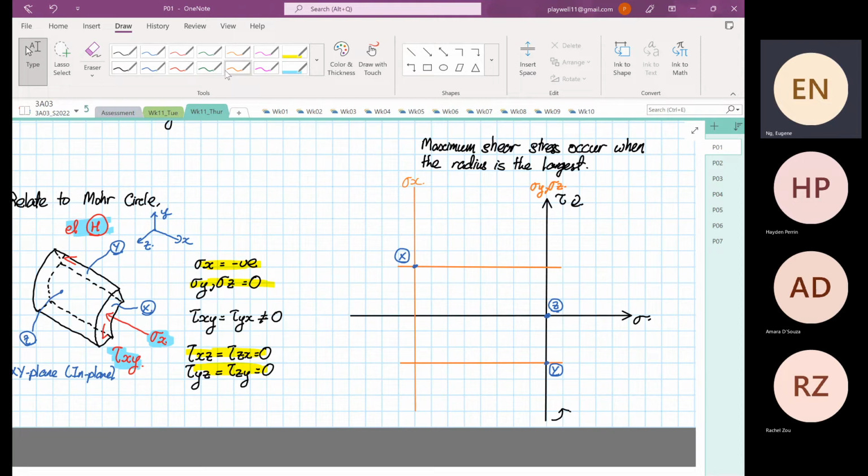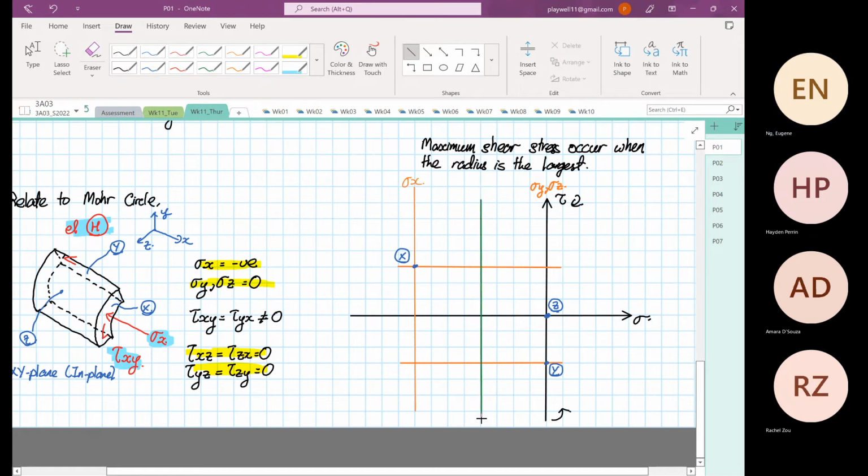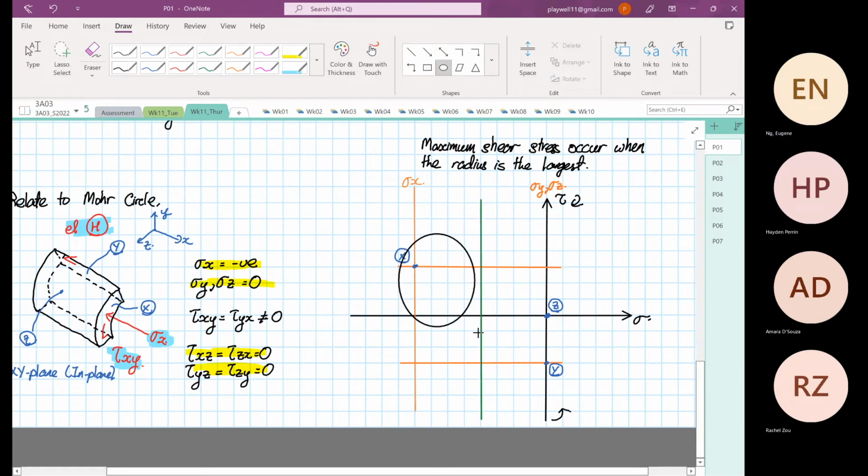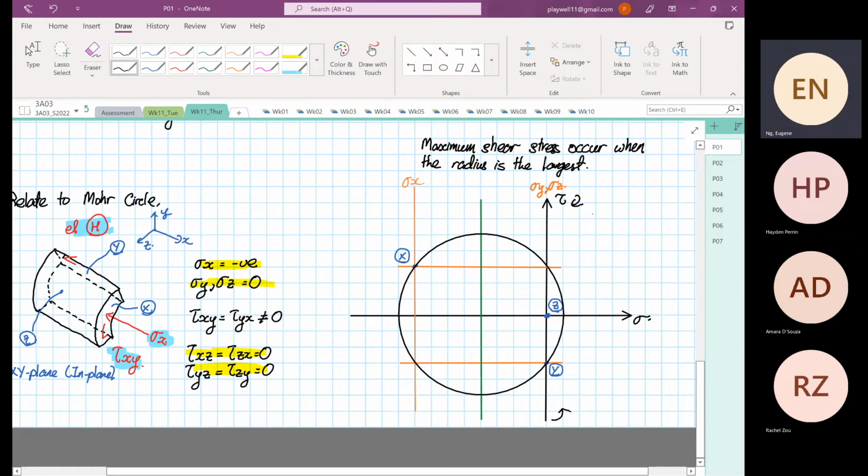From here we can draw our Mohr circle. We know that over here is our stress average line for the XY plane. So now we can sketch a Mohr circle. I need to draw a horizontal line, apologize, we should have done that first.